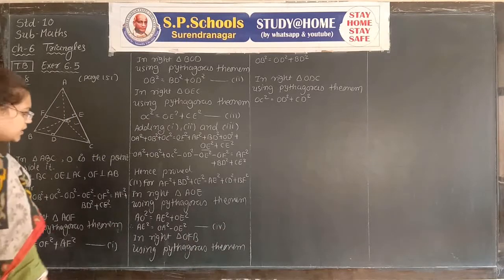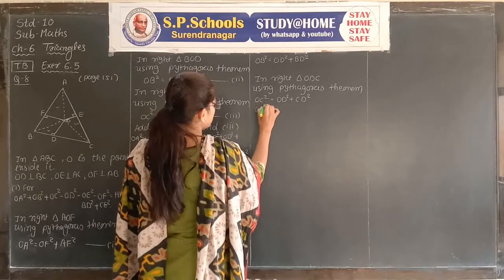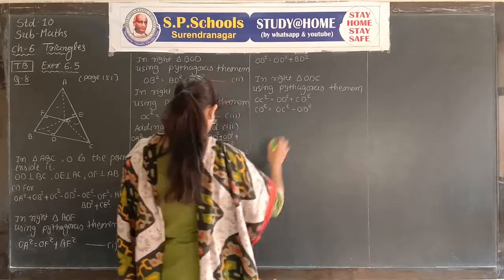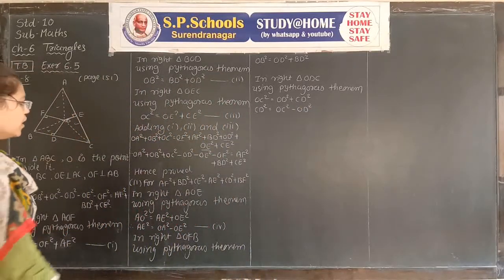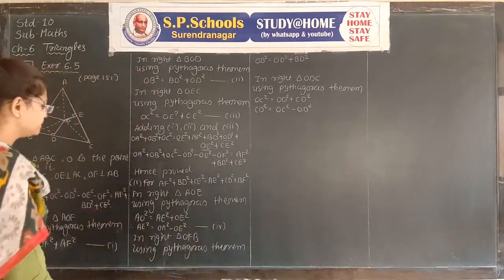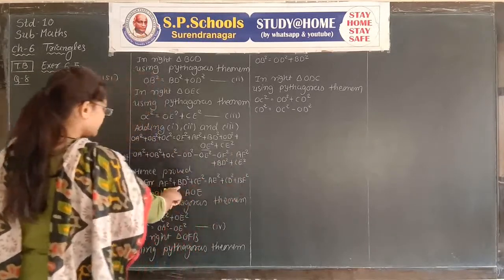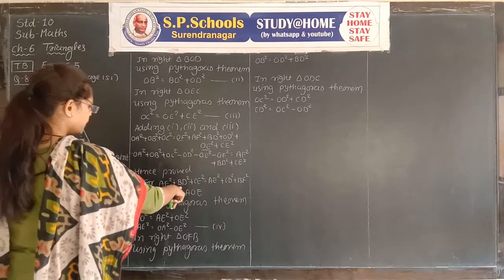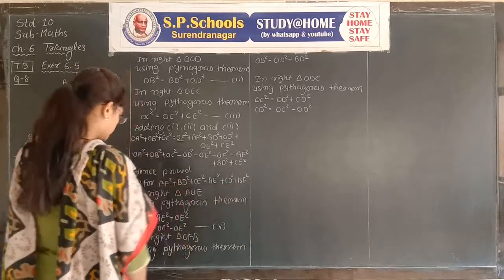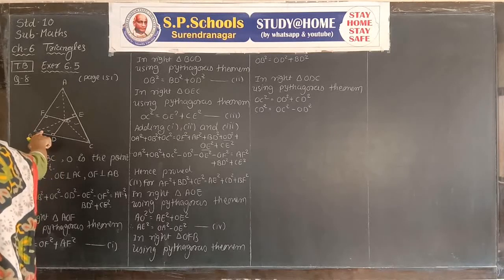Same thing is repeated here for the CD square. By making CD square as a subject, we get OC square minus OD square. And the next thing we require is BF square and the BD square.